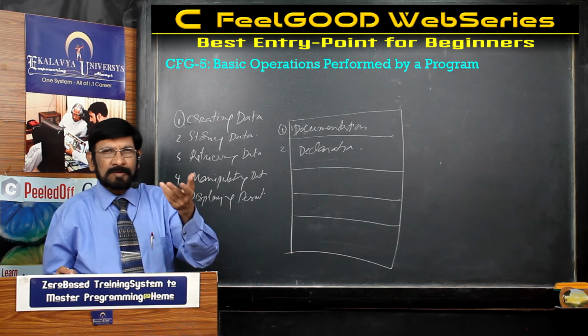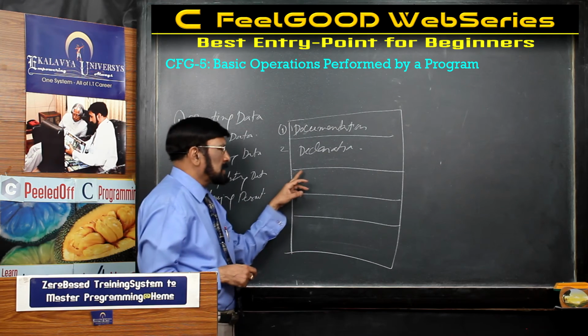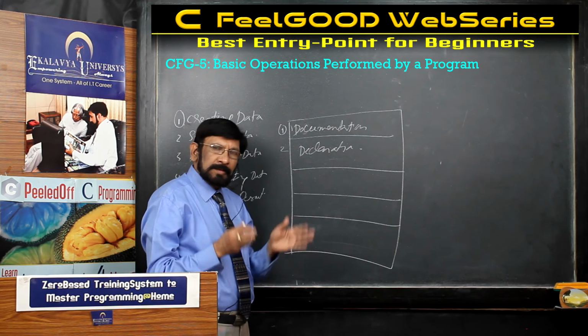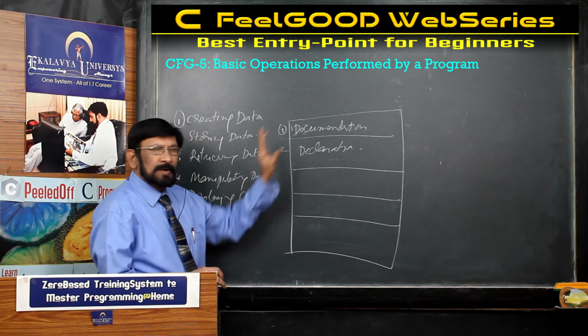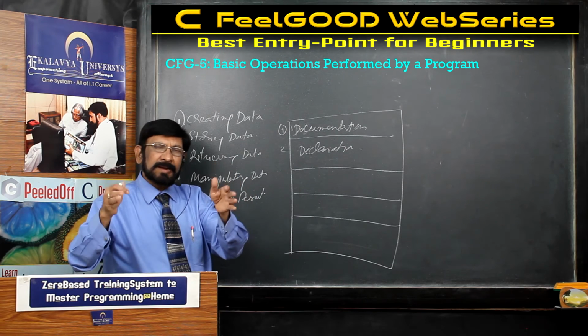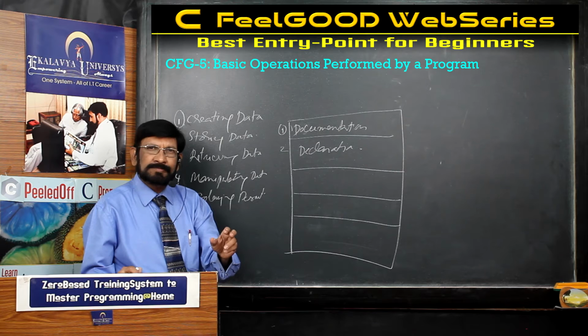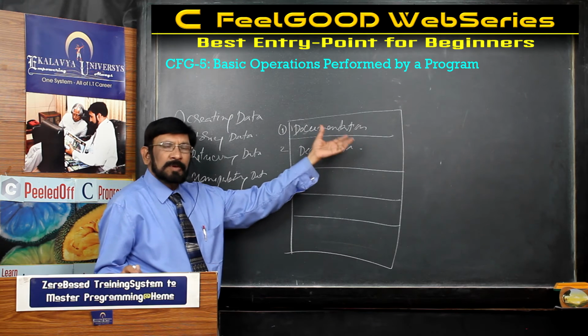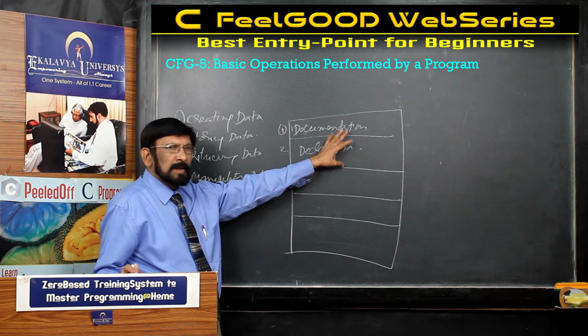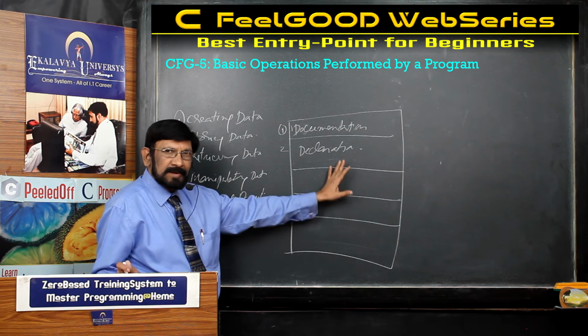You know that. I need not explain. So in programming, first you have to declare which data items you are going to use in the program, their types, and which variables you are going to declare. All that you have to declare here, not later, here only.